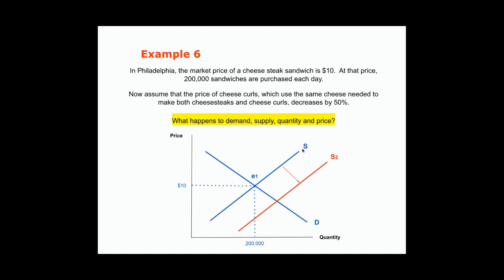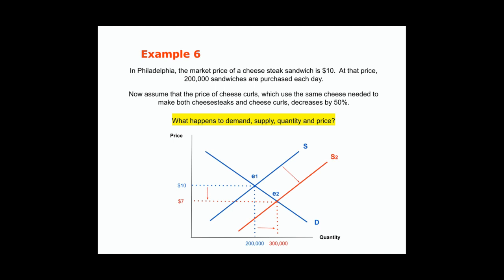And again, this is because the cheesesteaks and the cheese curls are related goods. They're substitutes in production because they both use the same factor of production to produce the end product. When the price of cheese curls goes down, more of that cheese goes to the cheesesteak manufacturers, and they're able to supply more, and supply increases.